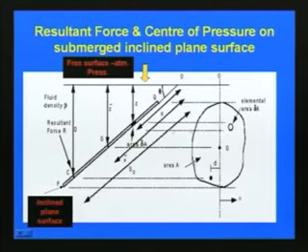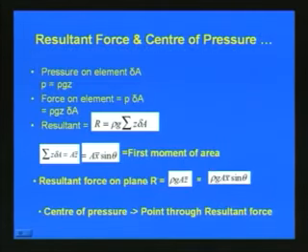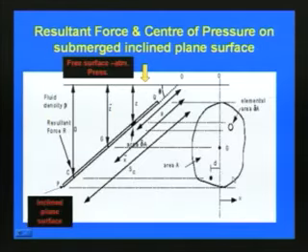Here you can see what Z bar is, and here this is Z, this is theta, and x bar sin theta is with respect to the distance measured here. So, now we have got the resultant force. Now, the center of pressure is the point through which the resultant force acts. Here you can see the point where the resultant force acts is called the center of pressure.